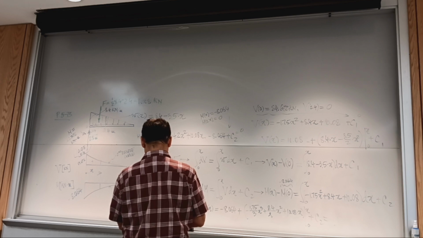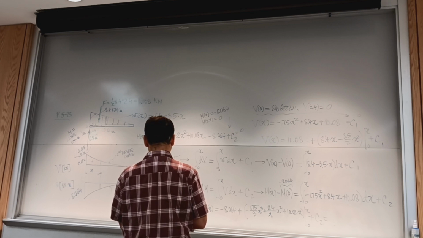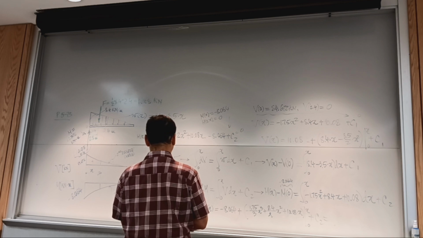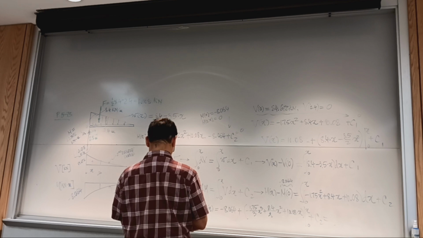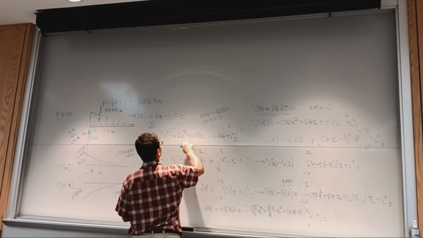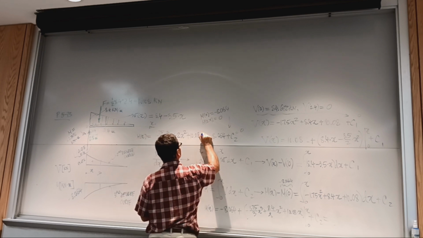So 1.75 over 3, and this has to be negative, times 2.4 at power 3 plus 4.2 times 2.4 squared plus 10.08 times 2.4 negative, 8.064. Does it come 0 if I make x equal 2.4 in this equation?